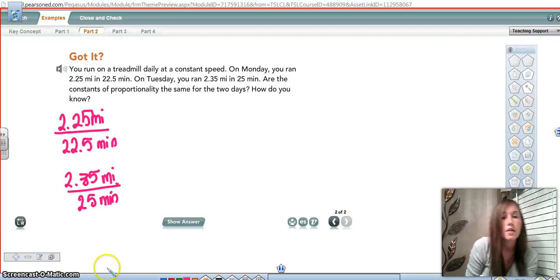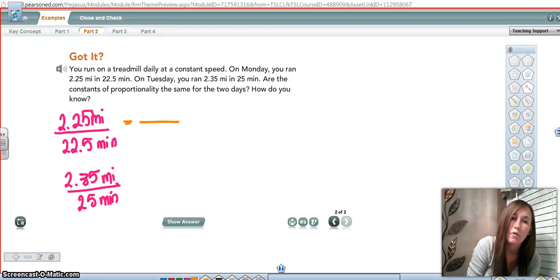To get the constant of proportionality for each, we would want to find the unit rate. So how many miles can we go in 1 minute?